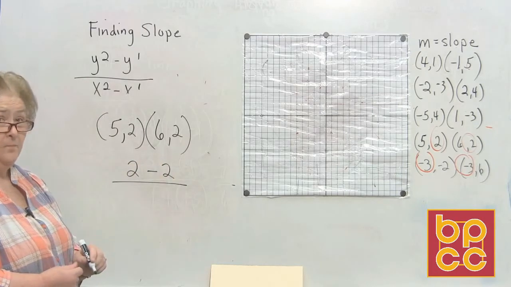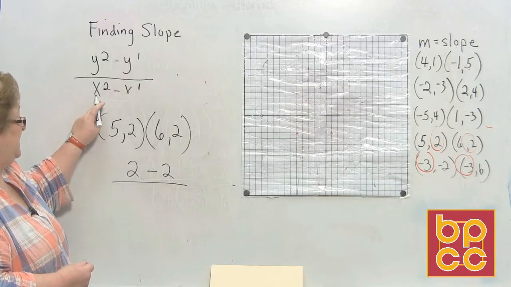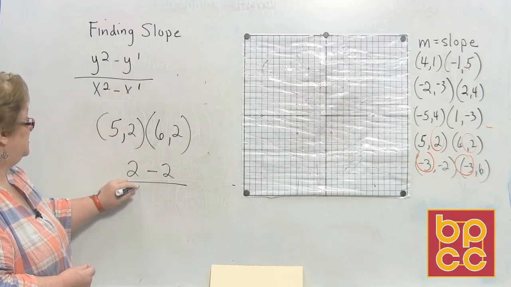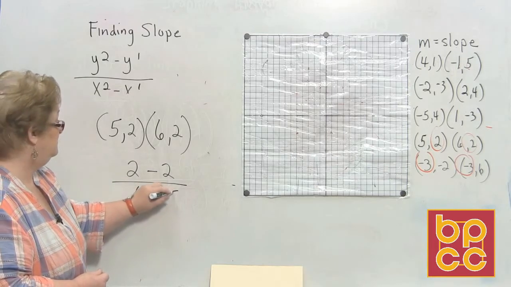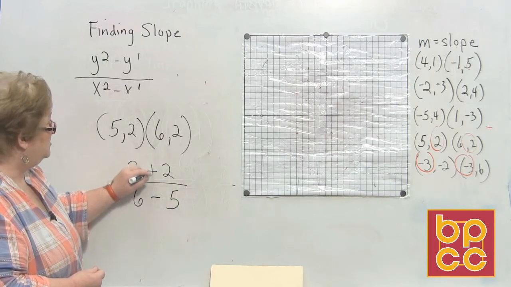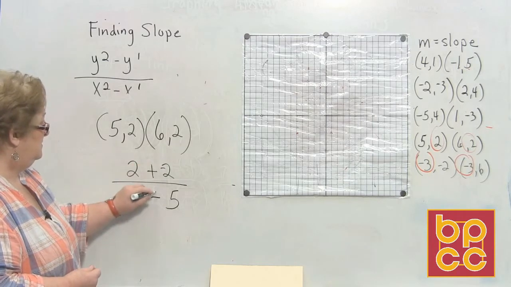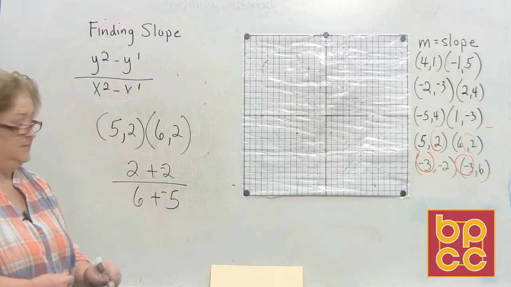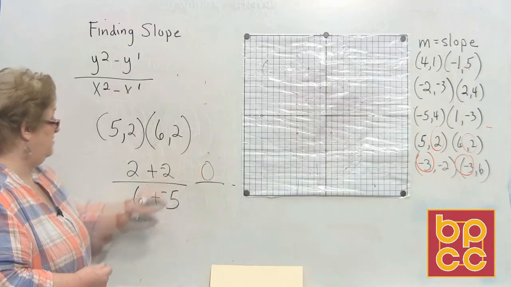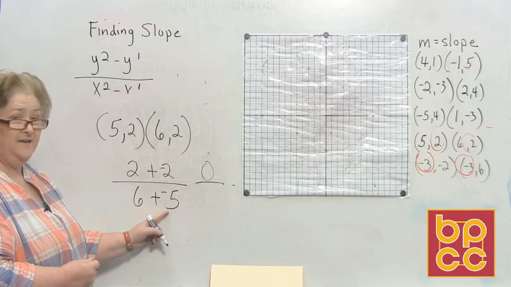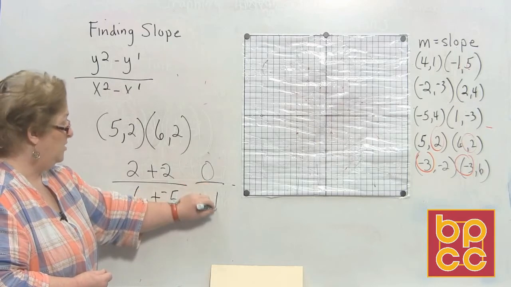And on the bottom, we're going to start with the second x, which is 6, minus the first x, which is 5. I'm going to add the opposite, 2 plus a negative 2 is 0, and 6 plus a negative 5 is 1.